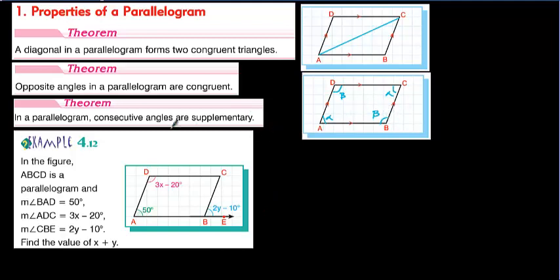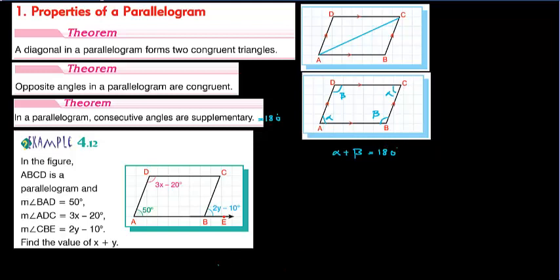And the third one: in a parallelogram, consecutive angles are supplementary, which means the sum is equal to 180 degrees. So alpha plus beta, beta plus alpha, they are equal to 180 degrees.